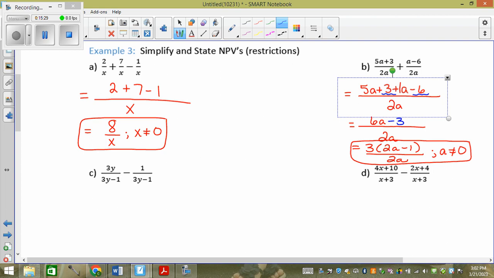These ones have 3y minus 1 denominators, and I write it all over 3y minus 1, which is a binomial, and we put it in brackets. Then in the top I have 3y minus 1. Wait a second.